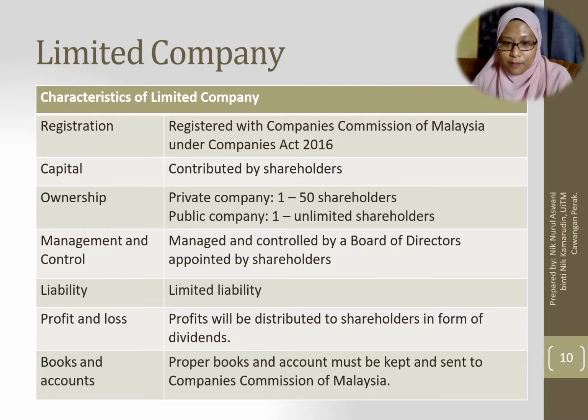For a public company, because they offer their shares to the public, the number is from one member to an unlimited number of shareholders. In terms of management and control, unlike the two previous business organizations where the owner or the partners manage and control the business themselves, for the company, the management and control rests on the shoulders of the board of directors, who are appointed by the shareholders, usually in a meeting.